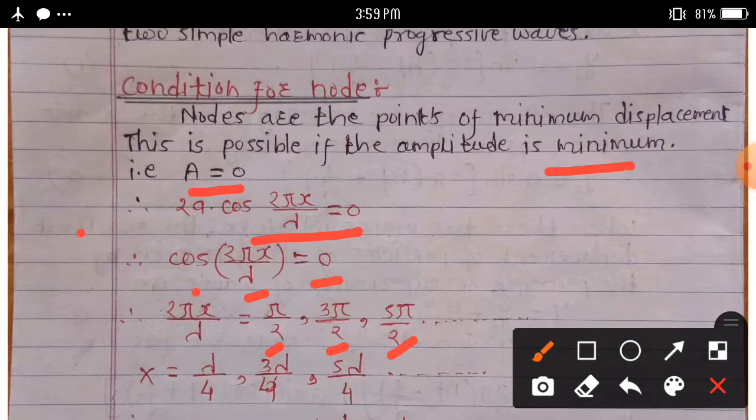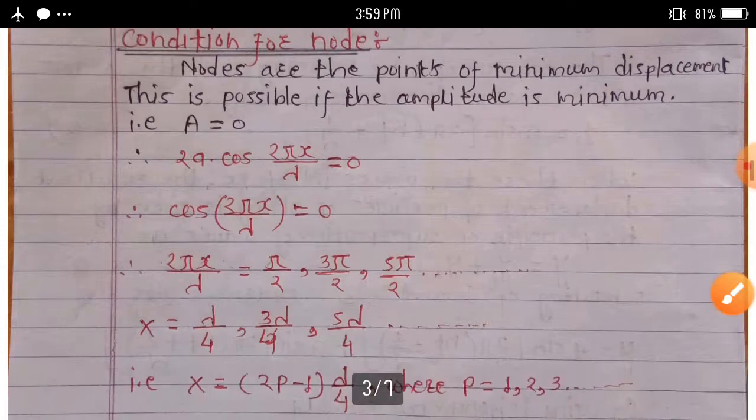And x becomes λ/4, 3λ/4, and another one 5λ/4.